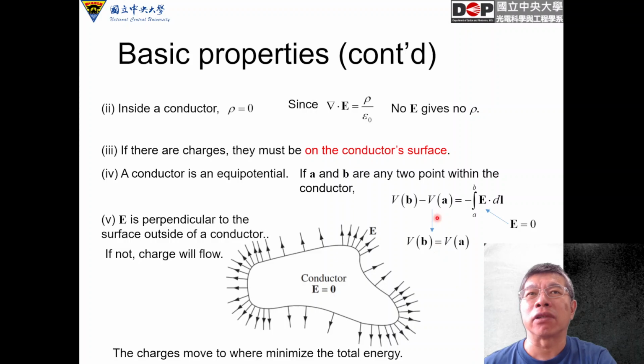That is the requirement. So the electric field is perpendicular to the surface outside the conductor. If we draw the electric field lines, they will be perfectly perpendicular to the surface. If not, charge will flow. The charges move to where they minimize the total energy.